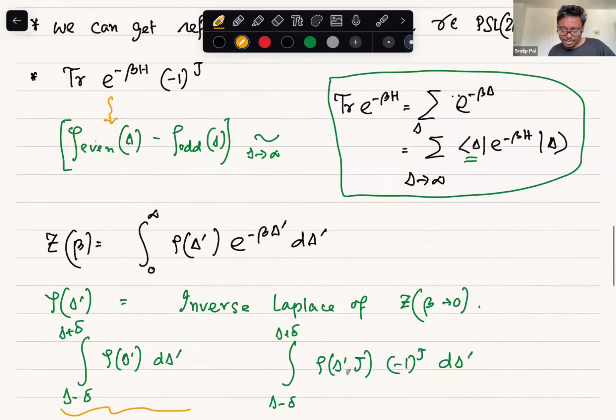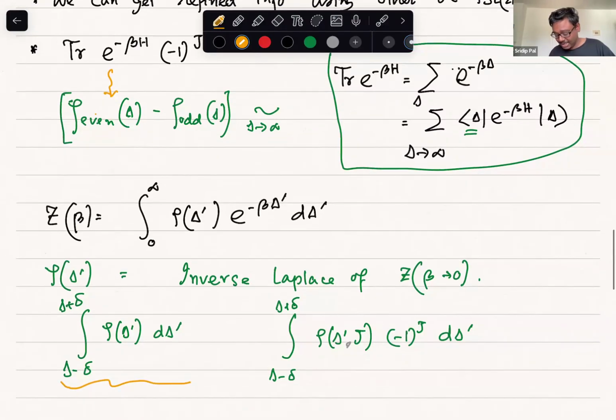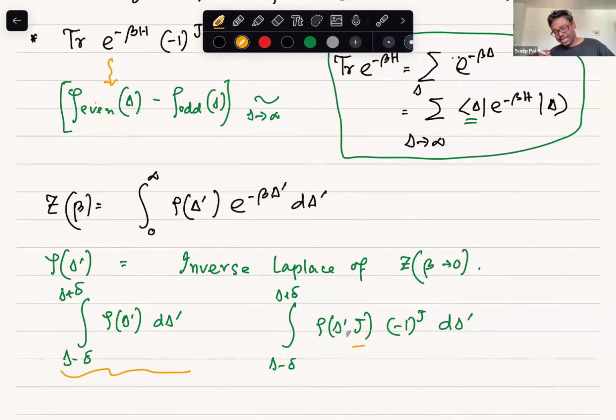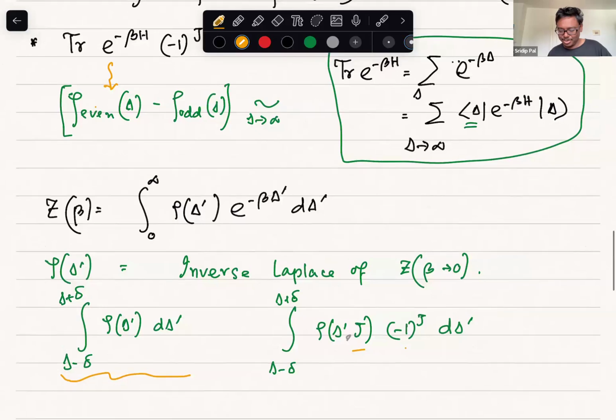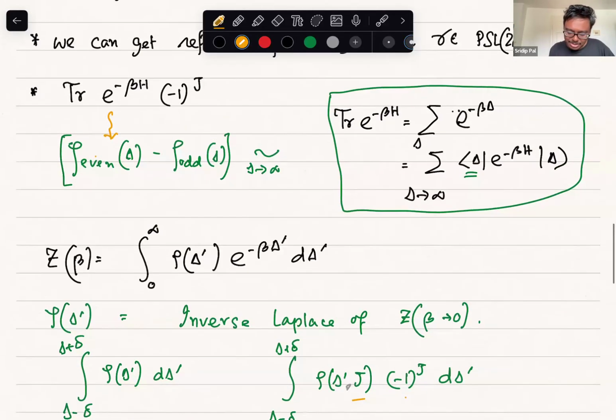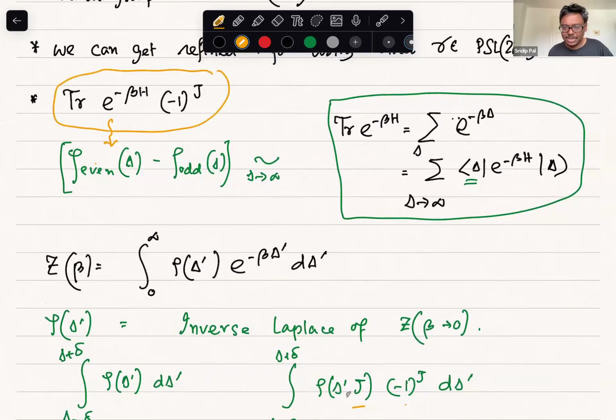But when you have an insertion of (-1)^j, in the microcanonical ensemble you can have oscillation, and the result is less rigorous compared to the other version. This is why in most of the talk I will only focus on this kind of quantity. In the canonical ensemble the results are more rigorous.